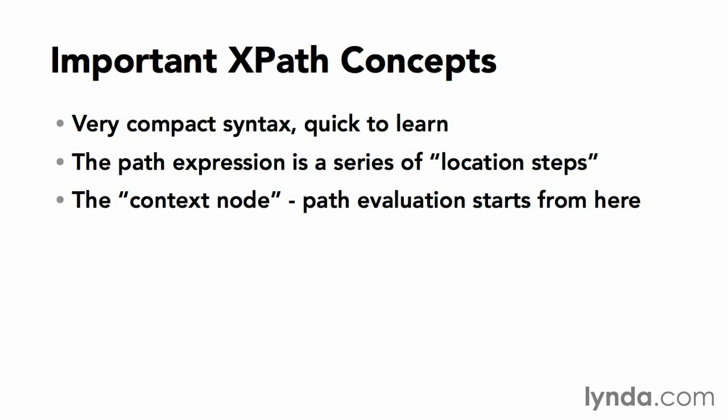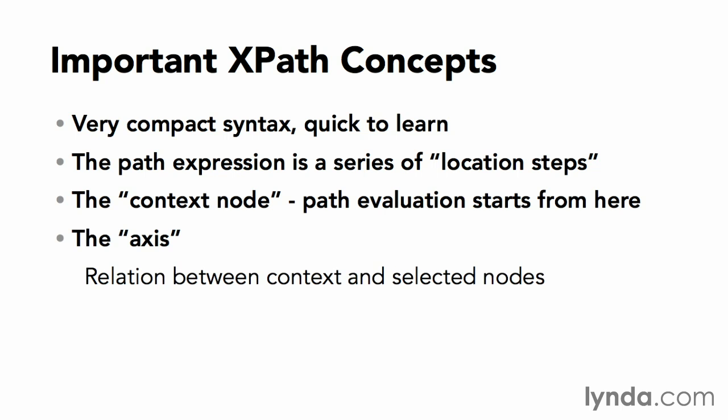And in more advanced scenarios using XPath, you can change the context node to be whatever you want. Now, I'm not going to do that here, but you should just be aware that it's possible and that it's essentially the node where you start evaluating the path from. There's the axis. The axis is the relation between the context and the selected nodes by the path.